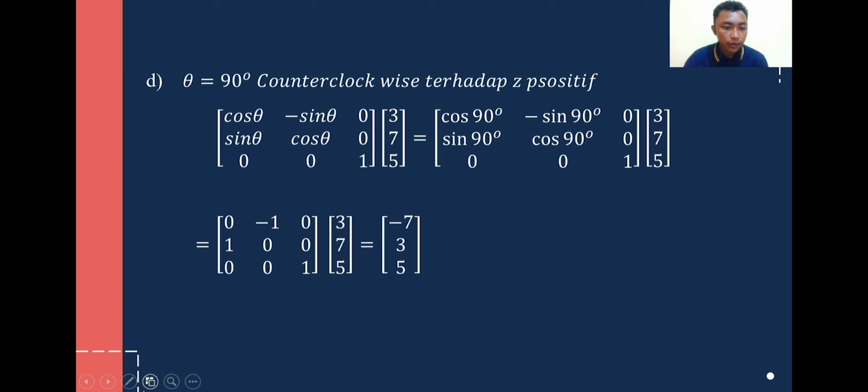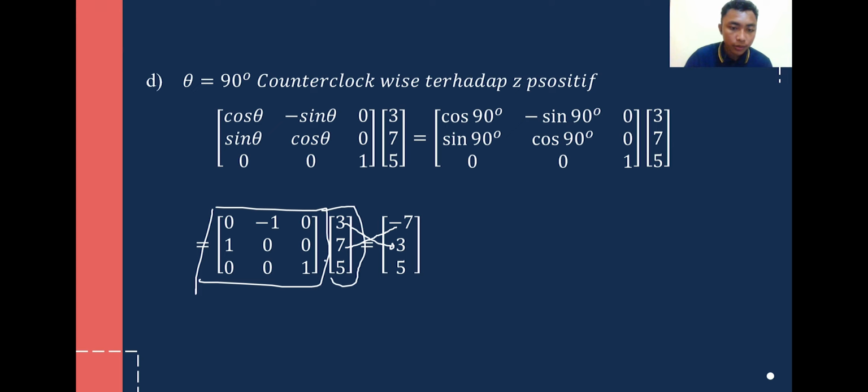So in this case, the value y will come to x, and x will go to y, and minus, so the result is minus 7, 3 and 5. We just need to multiply this matrix with this matrix. I think this is the right answer, the correct answer, but in the previous one there was a human error, so the answer was not correct.